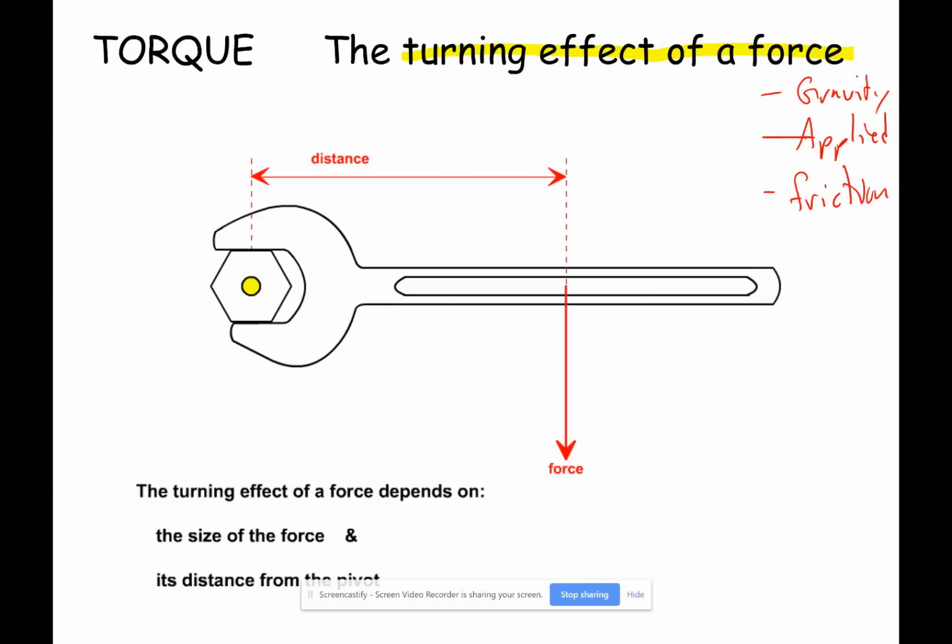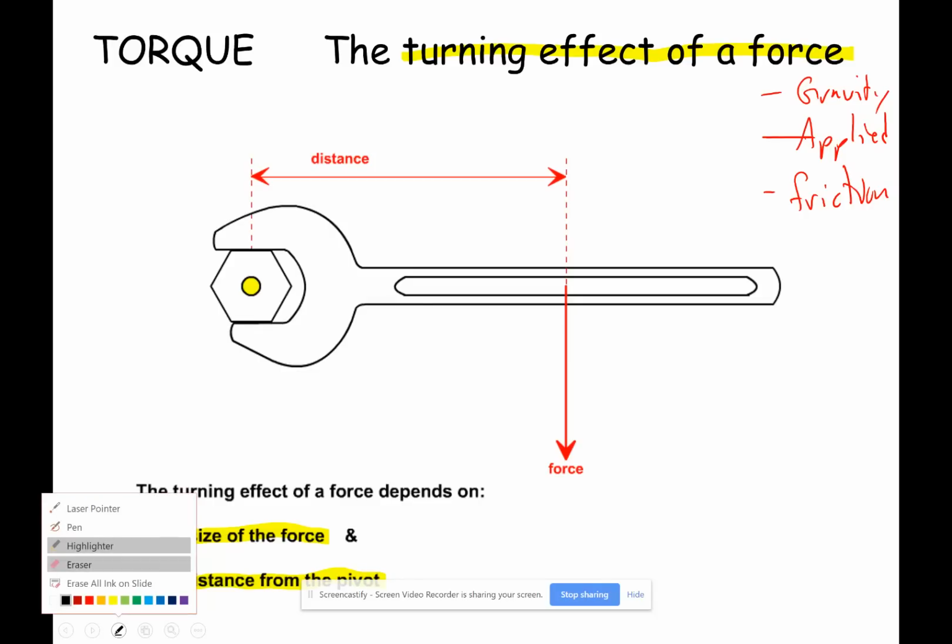Now, of course, the two things that affect it: one is the amount of force. The more force, the more torque. And the other is the distance from the pivot point. Now you're asking yourself, what is a pivot point? A pivot point is where the object rotates.